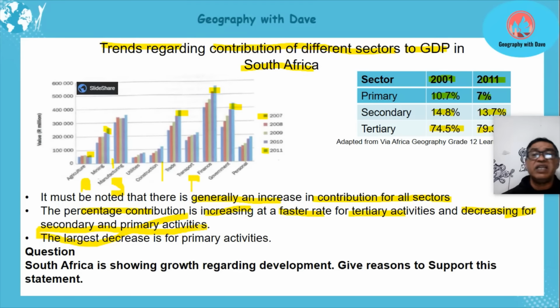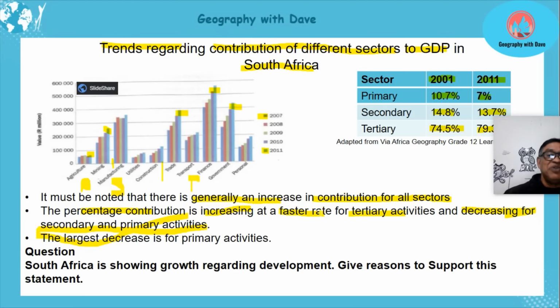Please note that, learners, each one is increasing, but this is happening because the tertiary activity percentage is increasing at a much faster rate. Have you got that, learners?